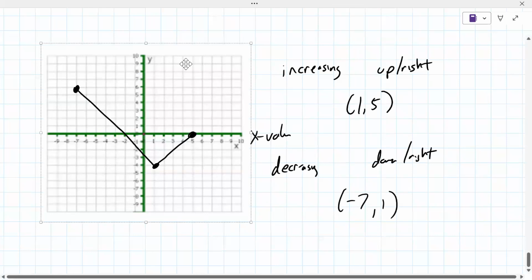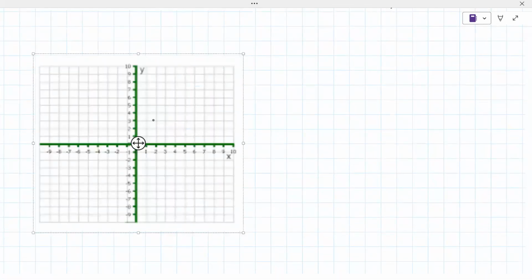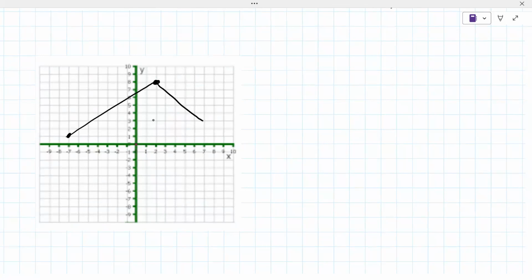Okay. So let me put a new graph up for you. Have you try this one. All right. So where is it increasing? Where is it decreasing?